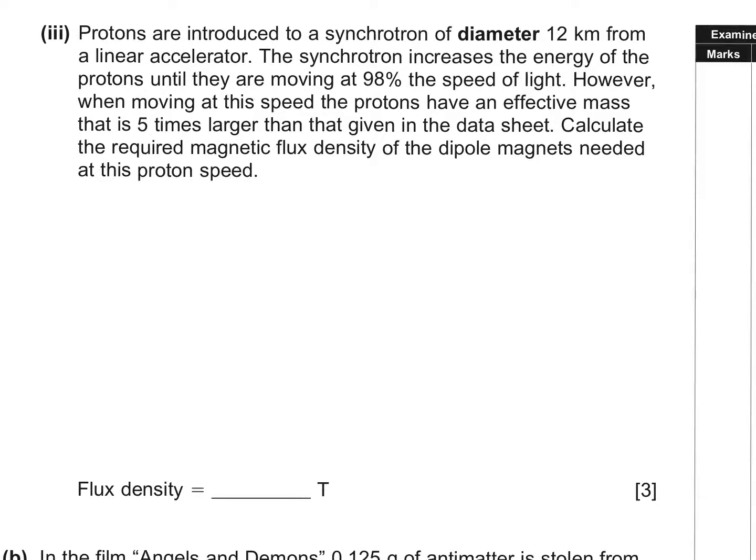So, in this kind of question, we have that the magnetic force is providing the centripetal force. So BQV is equal to mv squared over r. So we're after the B value here, so we need B on its own.